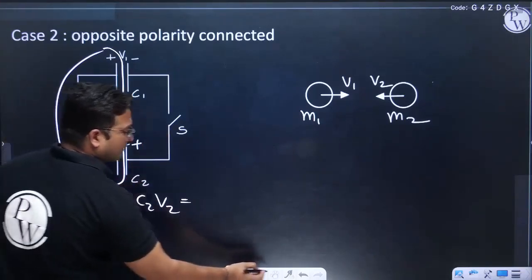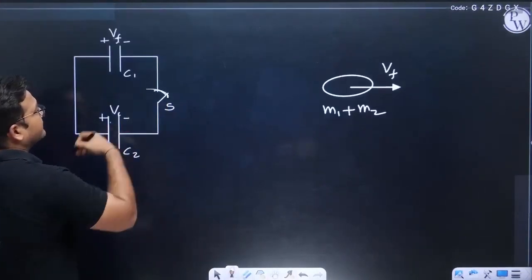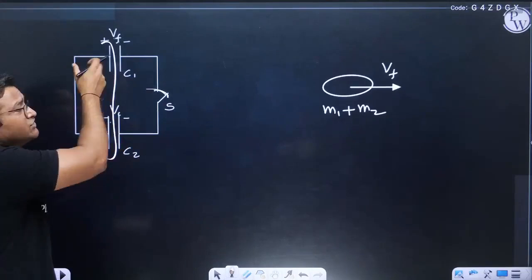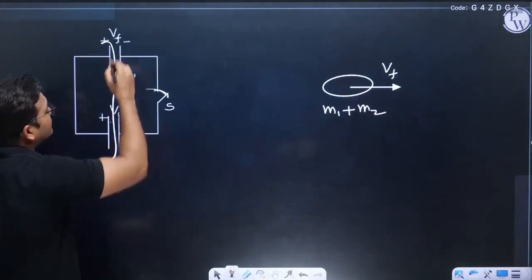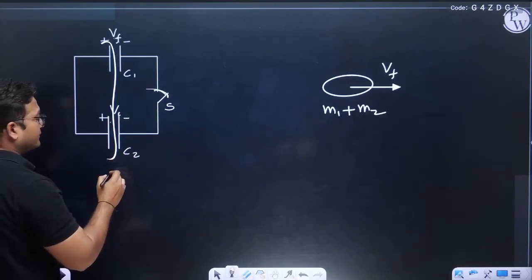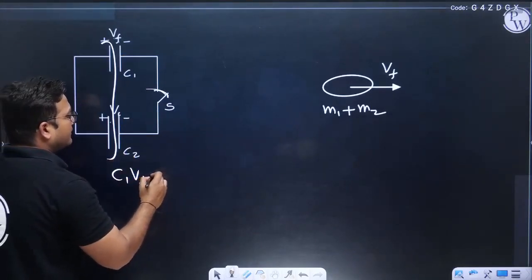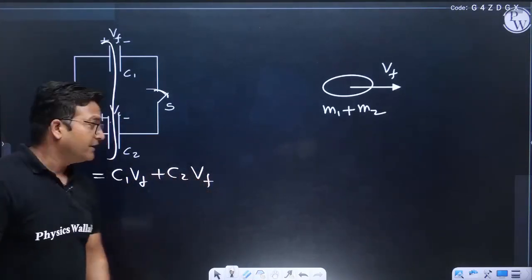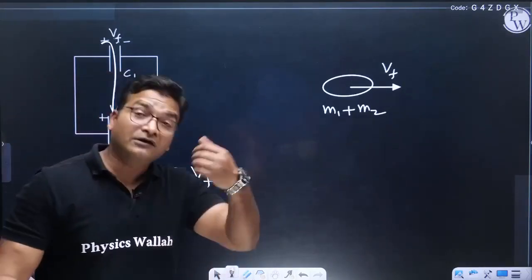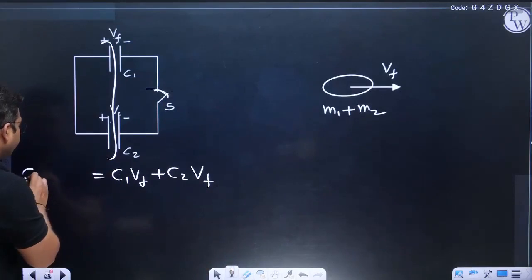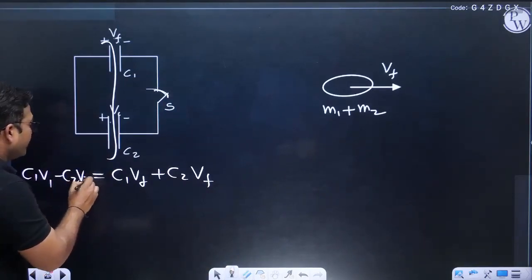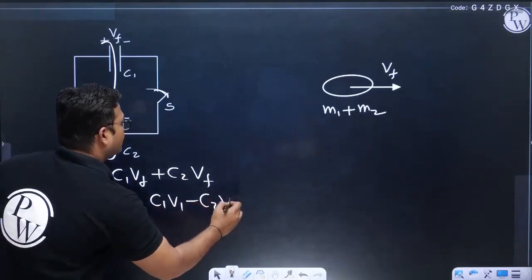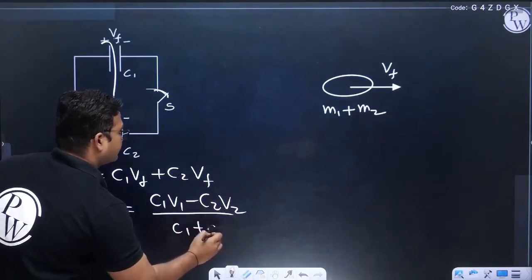When you close the switch, the potential difference will be the same, so the charge on the left side now becomes C1 V final plus C2 V final. This will be equal to the charge before closing the switch, C1 V1 minus C2 V2. So V final becomes C1 V1 minus C2 V2 divided by C1 plus C2.